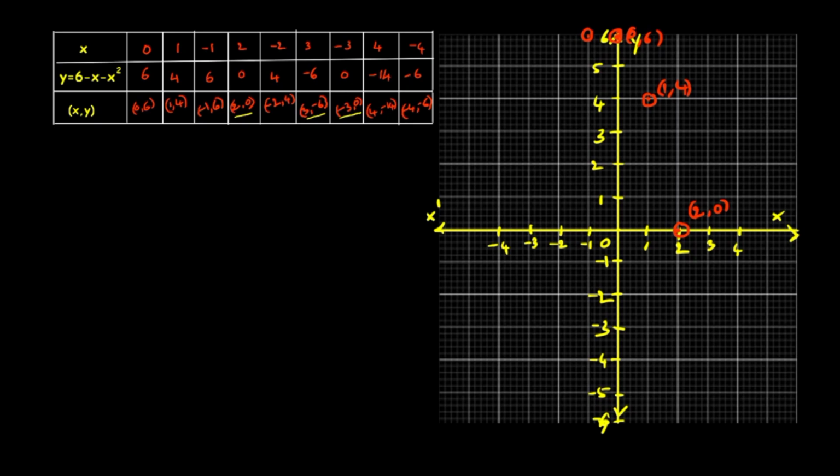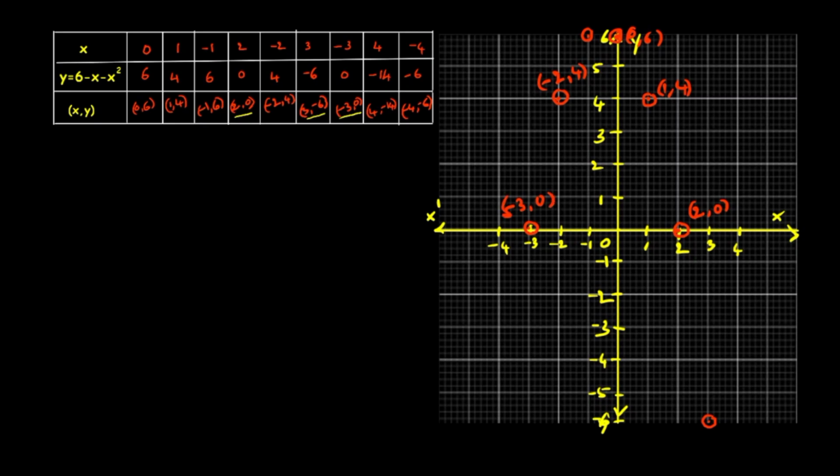Next minus 2, 4: x-axis minus 2, y-axis 4. This is the point minus 2, 4. And 3, minus 6: x-axis 3, y-axis minus 6. Yes, we can find it here. This is 3, minus 6. Okay, and next point minus 3, 0. Here it is minus 3, 0.